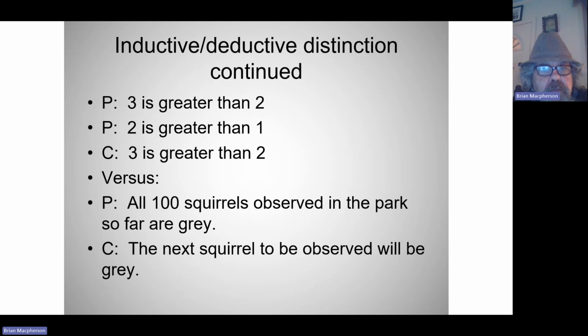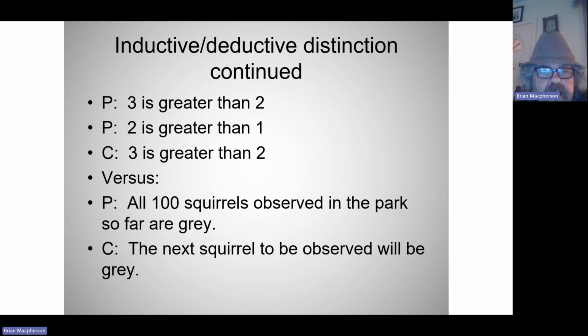However, if you look at the argument below that, the premise is: all 100 squirrels observed in the park so far are gray, so I can infer that the next squirrel that I will see in the park will be gray. Now, notice that that's a probabilistic conclusion. I can't say with certainty, maybe I'll run into a squirrel that is a different color, right?